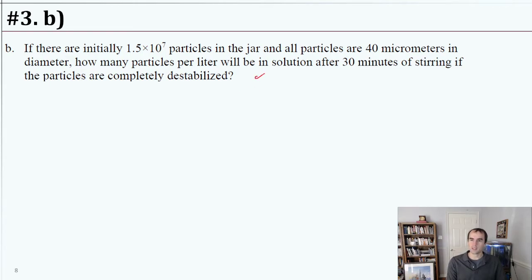So that completely destabilized should remind us that's this symbol here. This collision efficiency is 1. The next thing to consider is we were given some number of particles in the jar. So this is going to give us an N naught, but it's going to be 1.5 times 10 to the 7th particles per 4 liters.